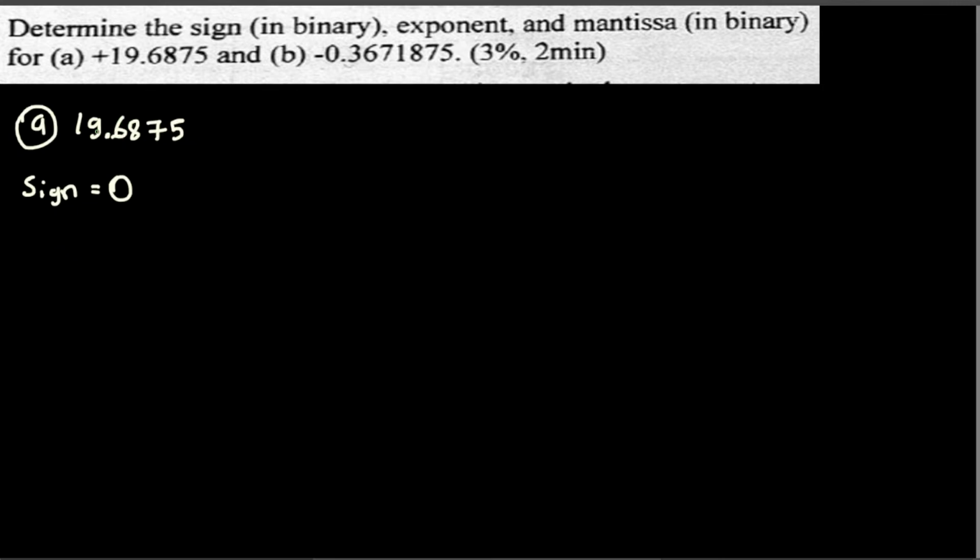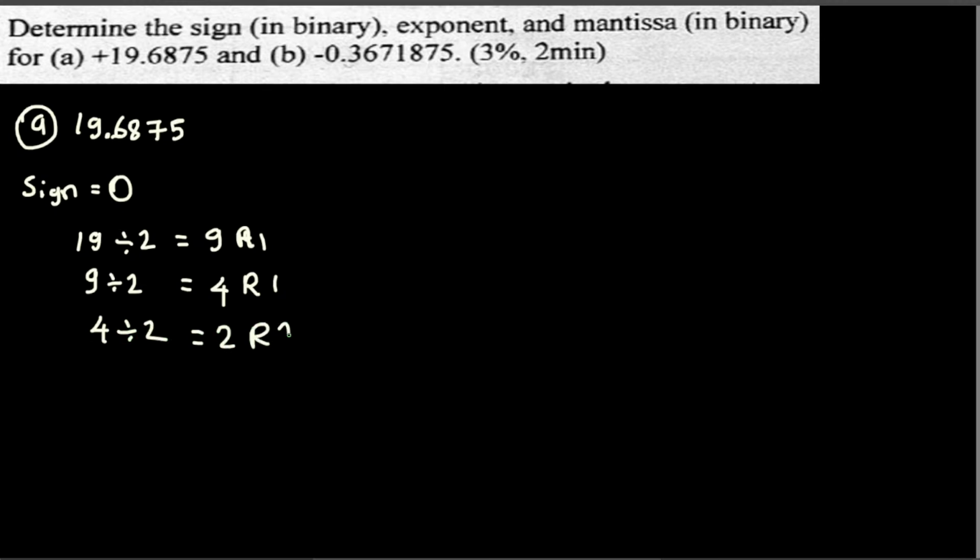When we are converting a decimal into binary, we deal with the integer part separately and the fractional part separately. In the integer part, we divide by 2 until 0. So 19 divided by 2 is 9, remainder 1. 9 divided by 2 is 4, remainder 1. 4 divided by 2 is 2, remainder 0. 2 divided by 2 is 1, remainder 0. 1 divided by 2 is 0, remainder 1.